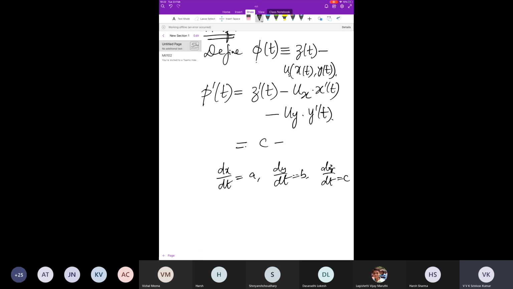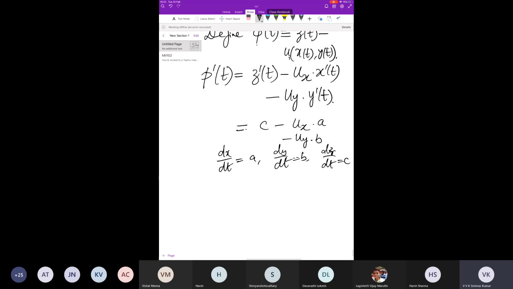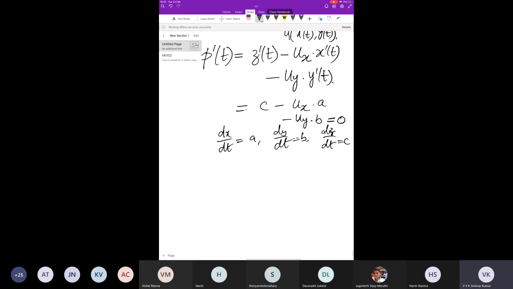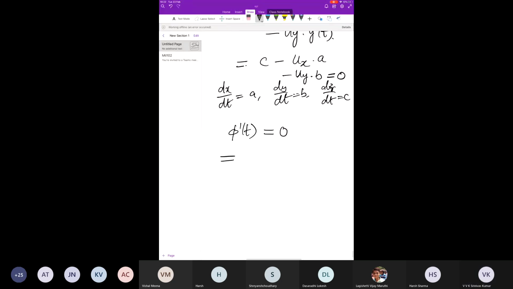So this is c minus ux times a minus uy times b. But this (a, b, c) is a vector field given to us, satisfying the given PDE. So this is equal to 0 by the given PDE. So phi'(t) becomes 0. That implies phi(t) is a constant function.